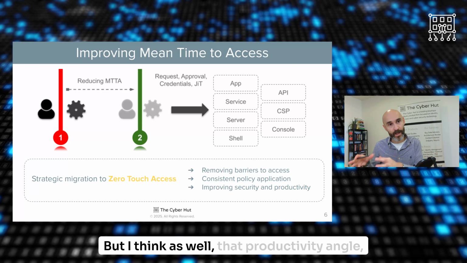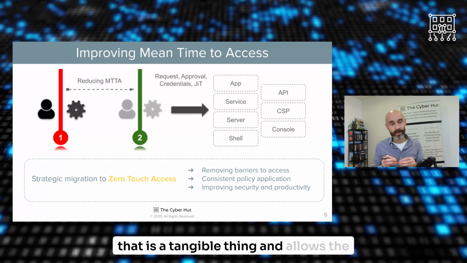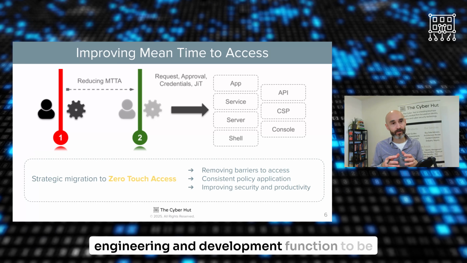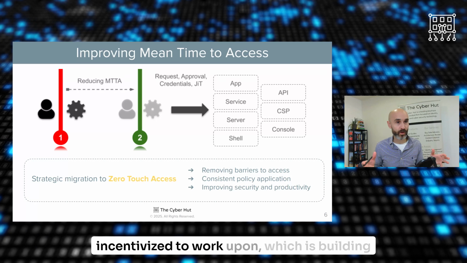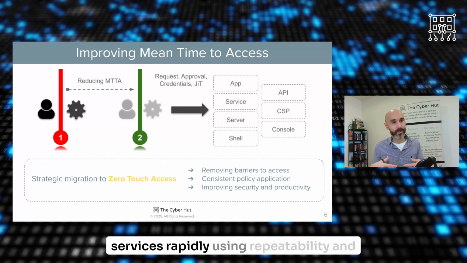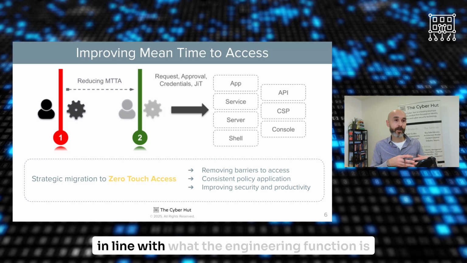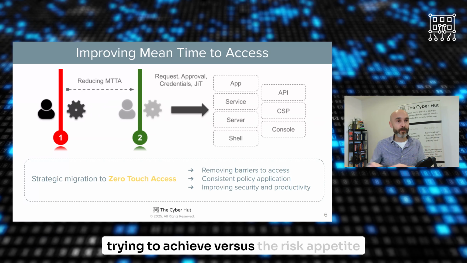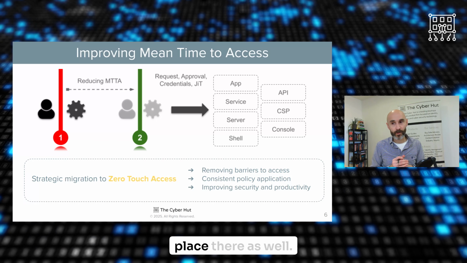But I think as well, that productivity angle, improving engineering and developer access, that is a tangible thing, and it allows the engineering and development function to be essentially working on what they are incentivized to work upon, which is building services rapidly, using repeatability, and allowing the privileged access barriers and gateways to become more visible, more transparent, more automatic, and be much more in line with what the engineering function is trying to achieve versus the risk appetite and the risk management processes that are in place there as well.